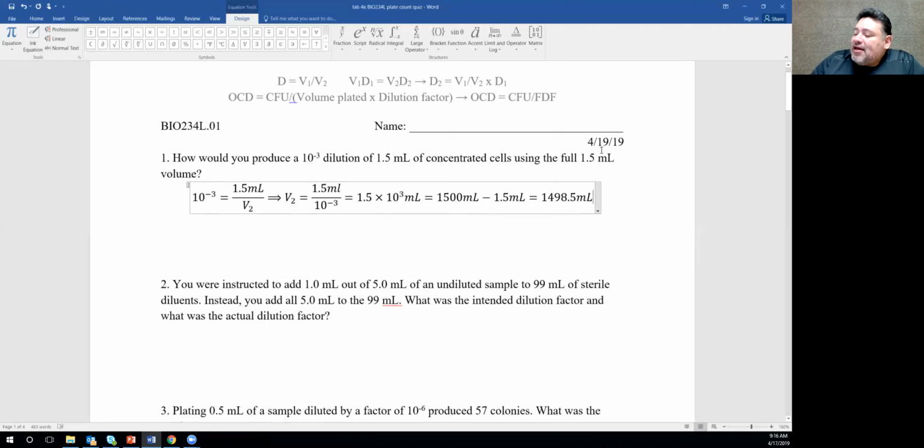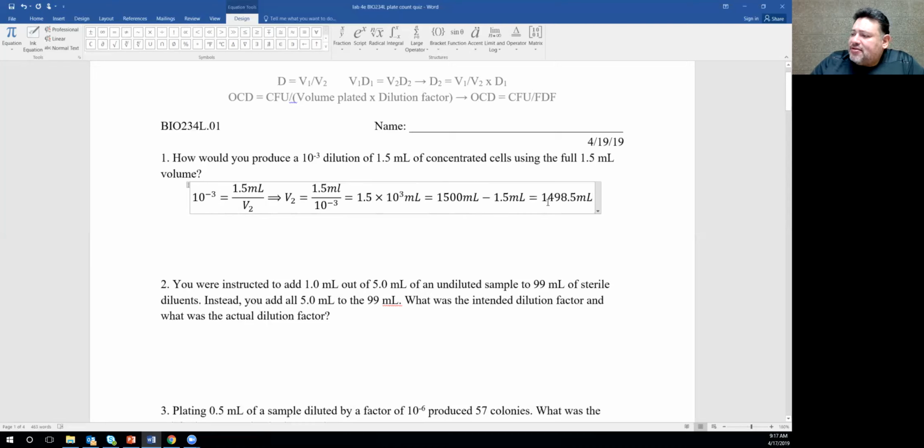So what does this mean? This means that if I take my 1.5 mLs of cells and I add it to 1,498.5 milliliters of diluent or broth, okay, I would end up with a final volume of 1,500 milliliters. And that 1,500 milliliters would be a 10 to the -3rd dilution.